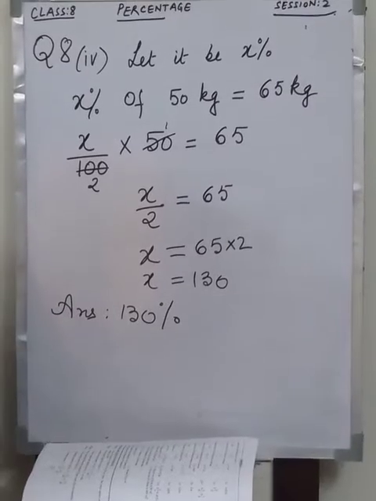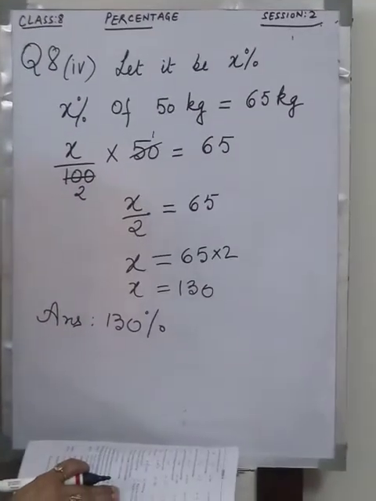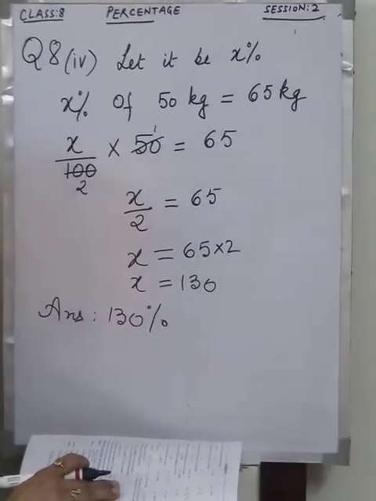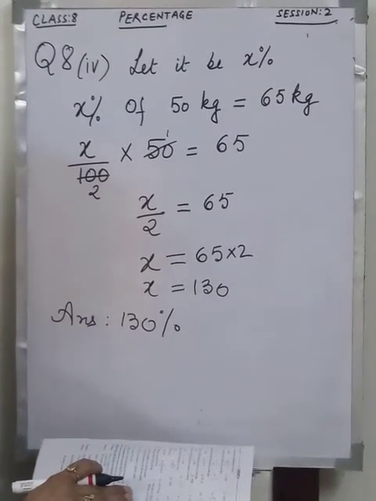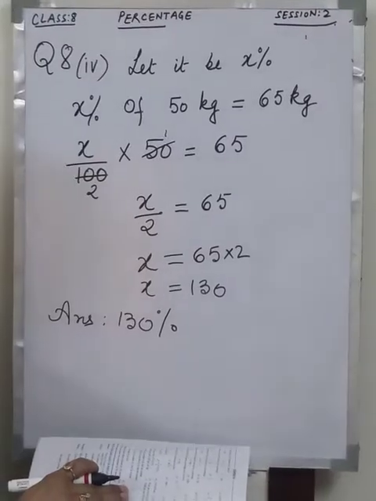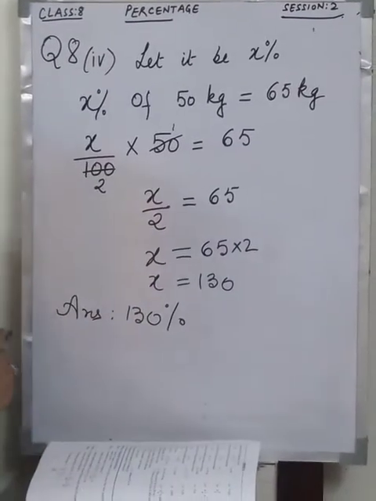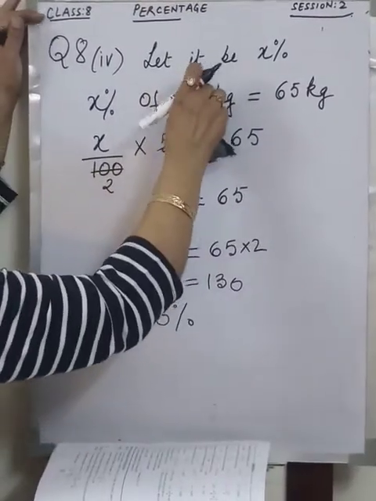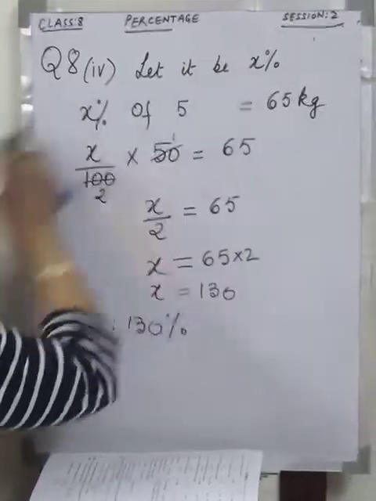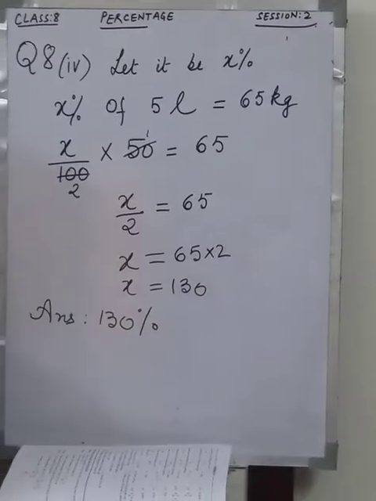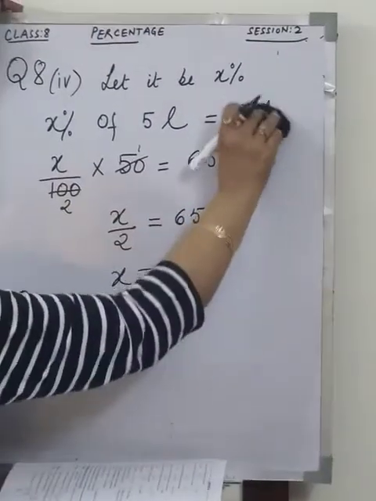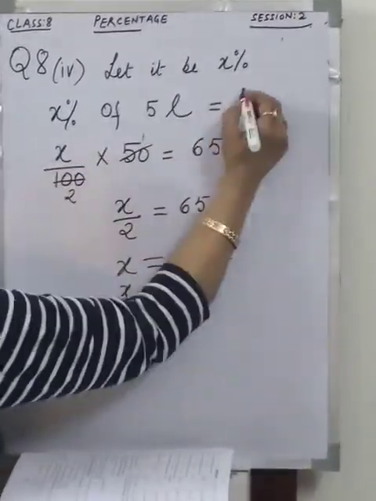What they are asking in the fourth one: what percent of 5 liters is 400 milliliters? First you write the mathematical expression. Let it be x percent. So x percent of 5 liters is equal to 400 ml.